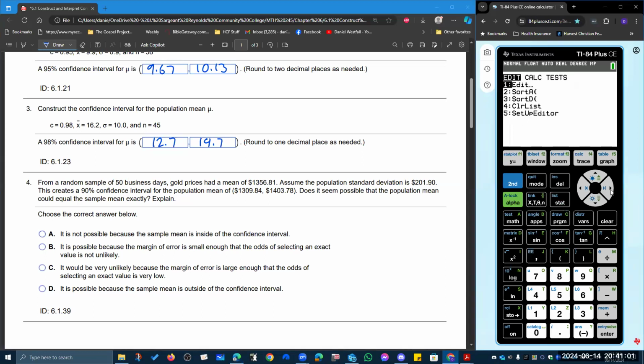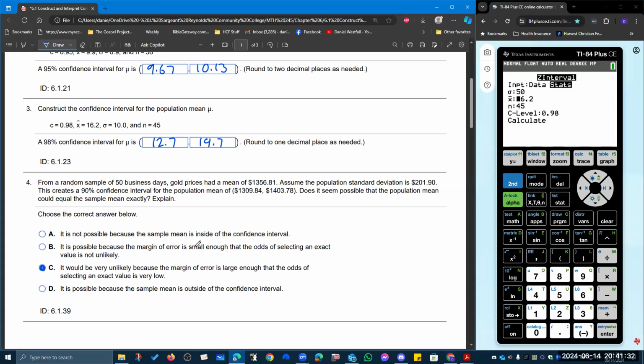A random sample of 50 business days of gold prices at a mean value. Actually, they give you everything to get the confidence interval. There's the confidence interval. Does it seem possible that the population mean could equal the sample mean exactly? It would be very unlikely because the margin of error is large enough that the odds of selecting an exact value is very low.